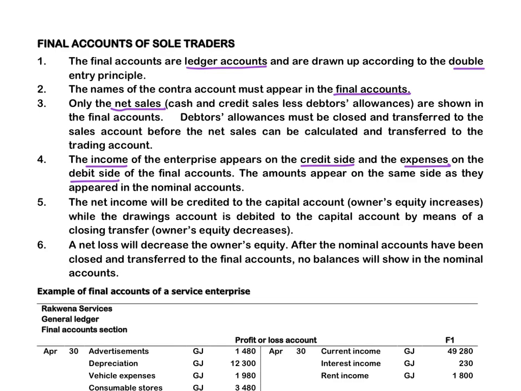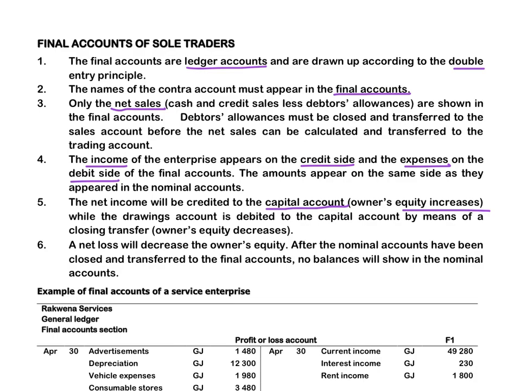The net income will be credited to the capital account. So after you've taken all your income and all your expenses into account, you will calculate what your net profit is. The owner is entitled to this profit, therefore we will transfer it to the capital account, and now the owner's interest or equity will increase in the business.